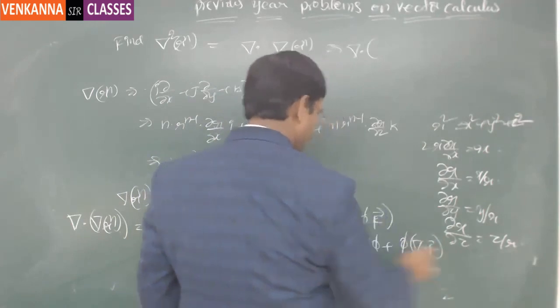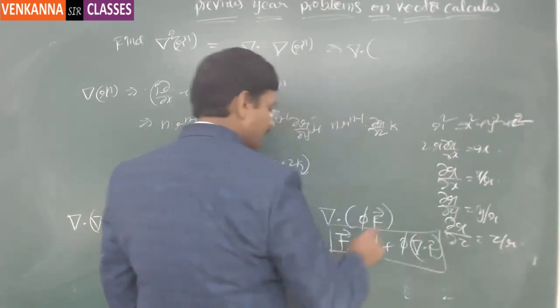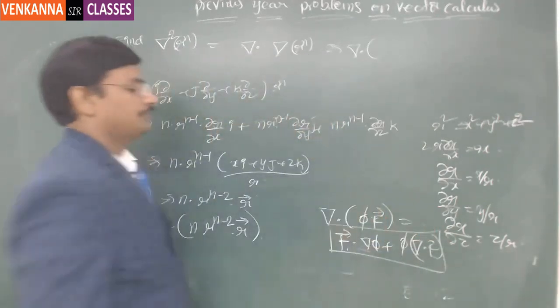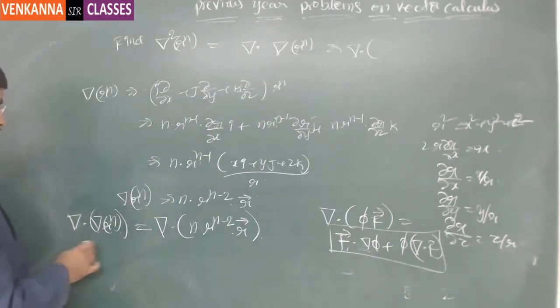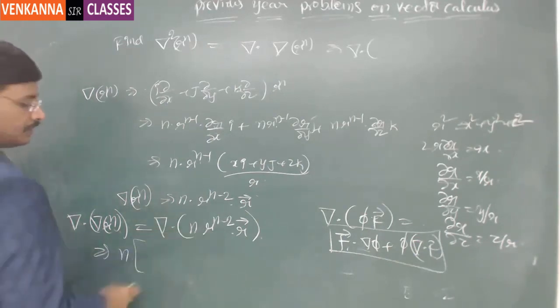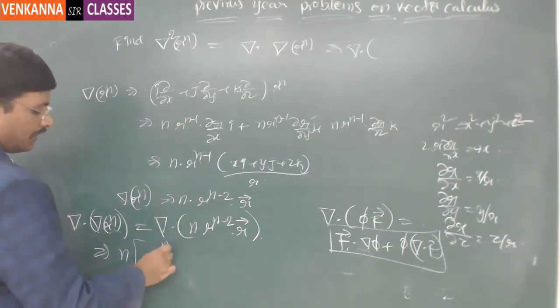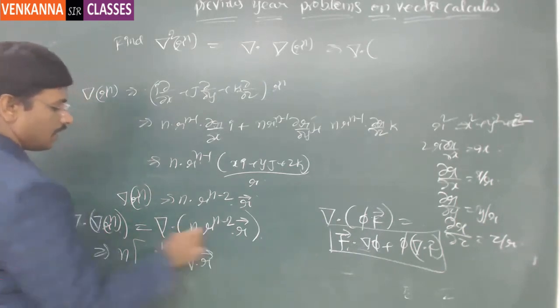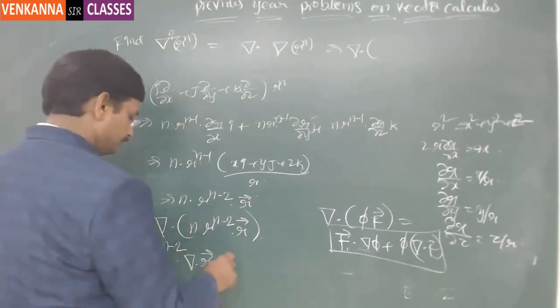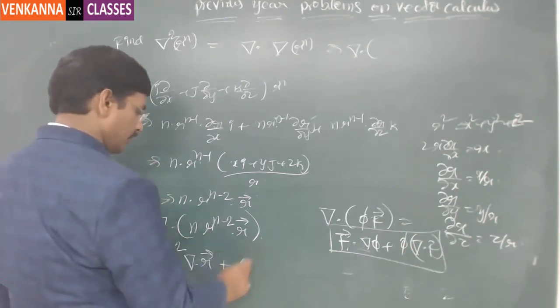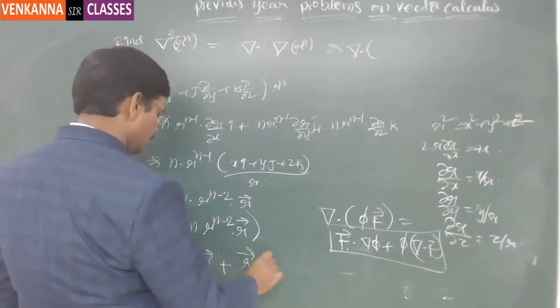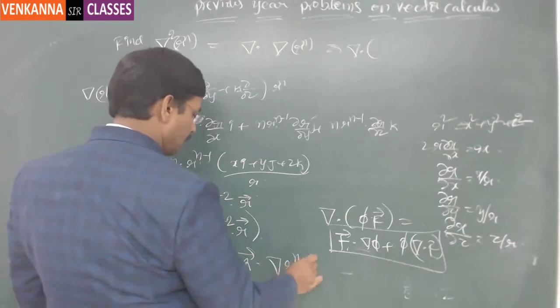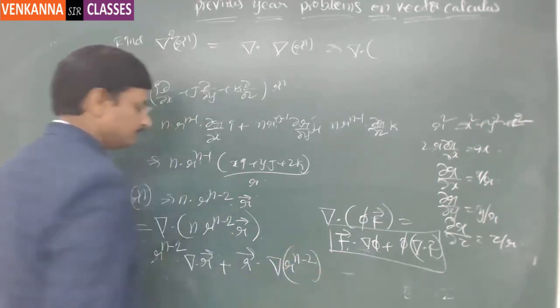So this is the resultant if you do this operation, right? Now n is a constant, you can put it out, and then r power n minus 2 into del dot r bar plus r bar dot del operated on r power n minus 2.